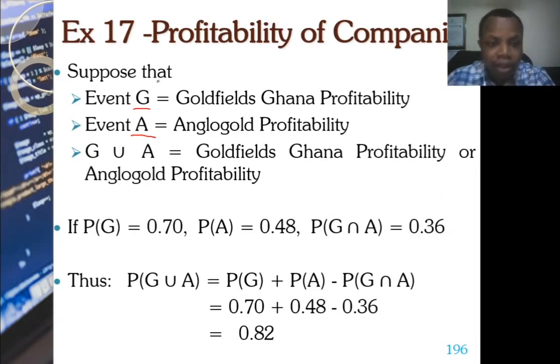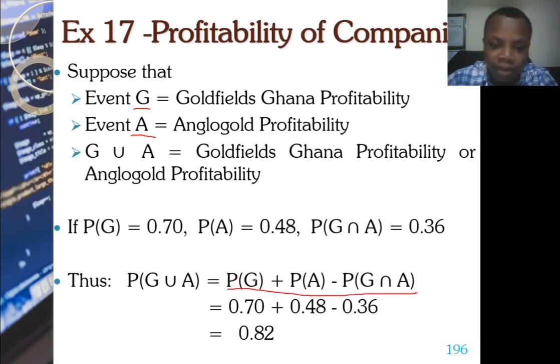Now, estimating the probability of Goldfields' profit union AngloGold's profit will be equal to the probability of G plus the probability of A minus the probability of G intersection A. Remember that because they have something in common, that is why we have this negative sign here, and this is from the addition law of probability.